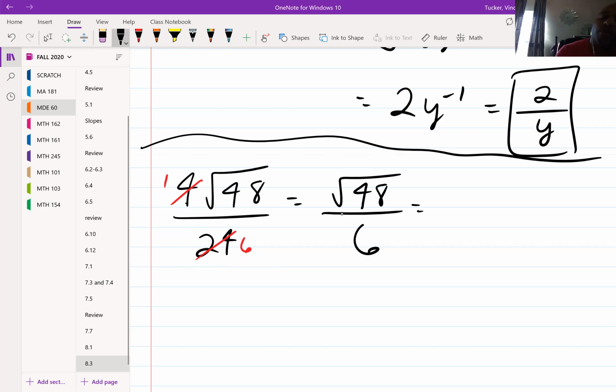Now I can break up the 48, talking about what I can take the square root of, what I cannot. 48 is 3 times 16. Square root of 16 is 4.